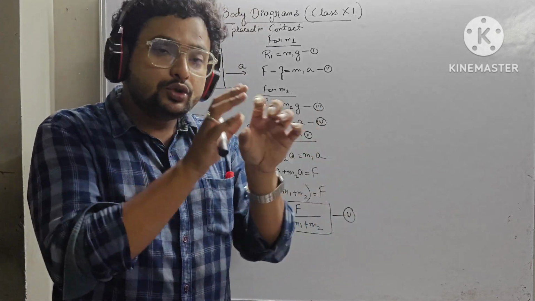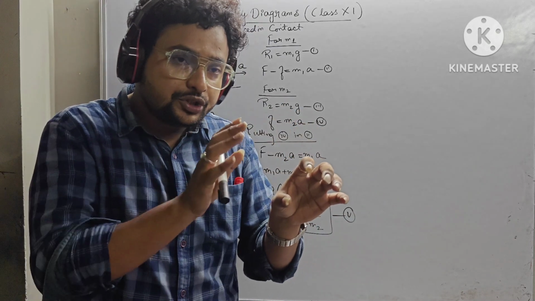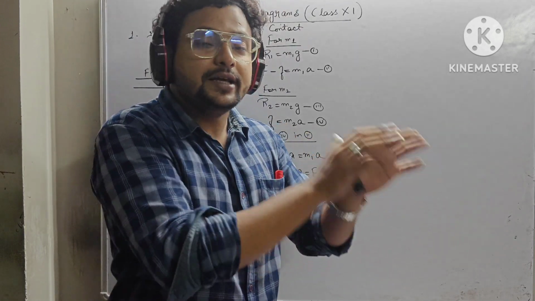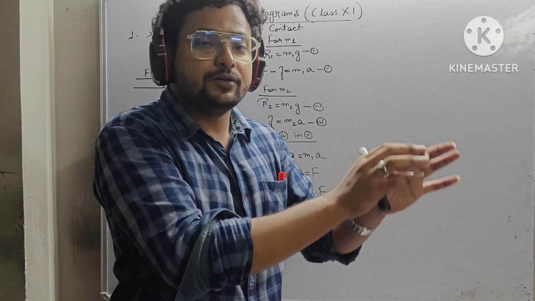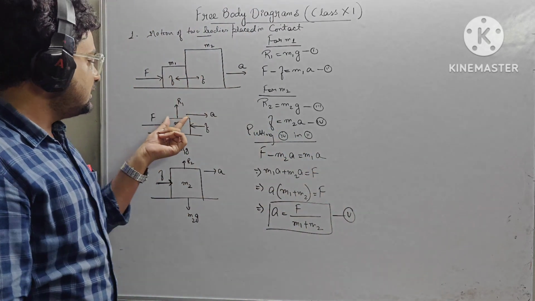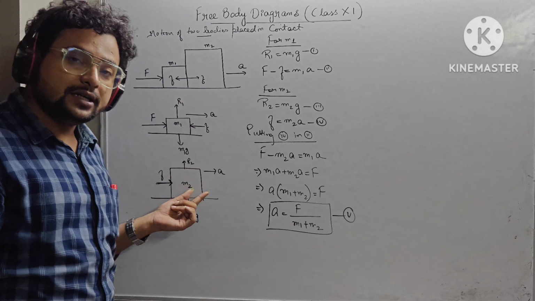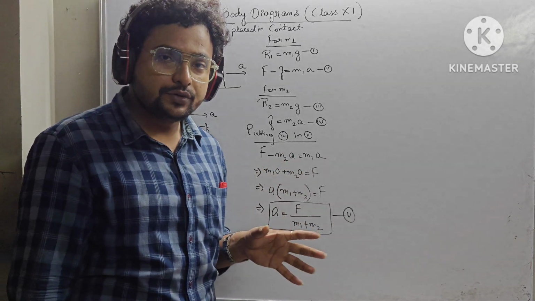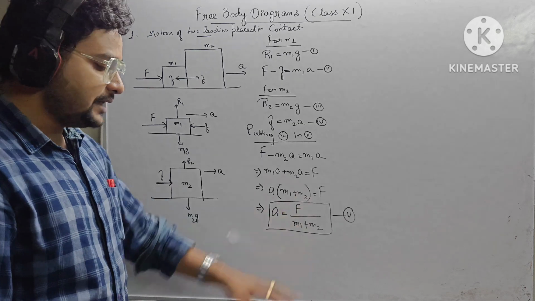I am considering the two bodies are placed in contact and I am pushing the body, and the two bodies are moving together only. They are not getting separated. So in that case, the acceleration of this body is going to be the acceleration of this body. Both the bodies will be having the same acceleration. Okay? So this is the acceleration.